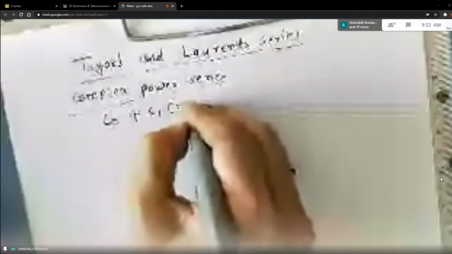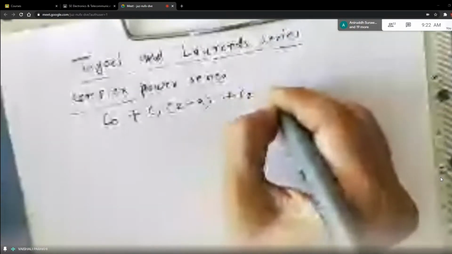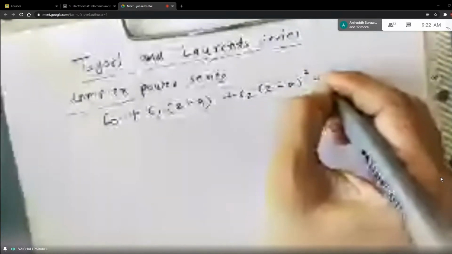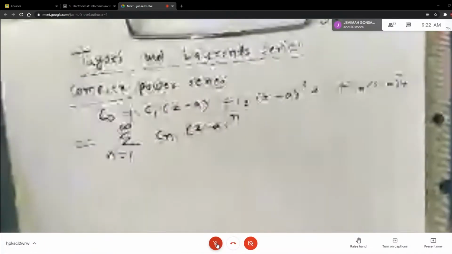So for example, C naught plus C1 into Z minus A plus C2 into Z minus A the whole square up to Cn into Z minus A raised to n, and so on up to infinity. So if you write this with summation sign, how will it look? Cn Z minus A raised to n from n equal to 1 to infinity.